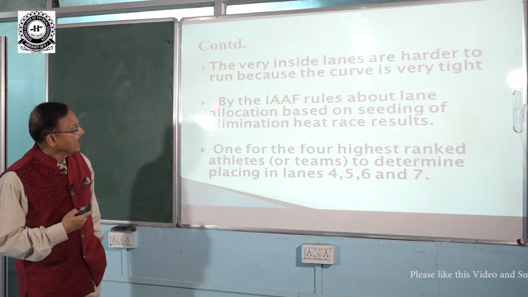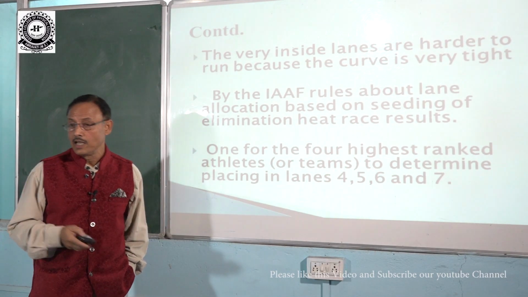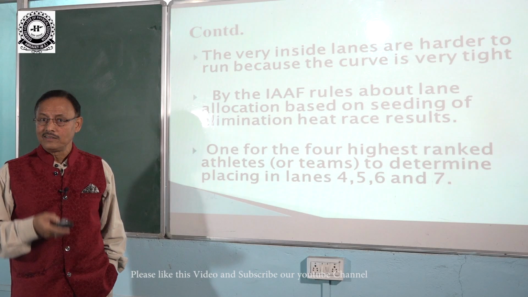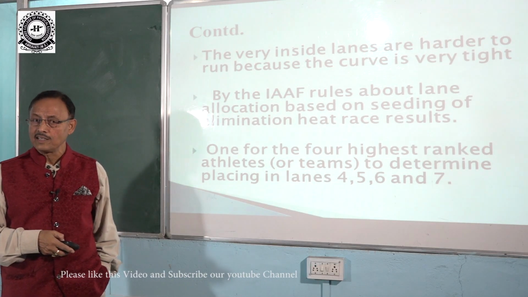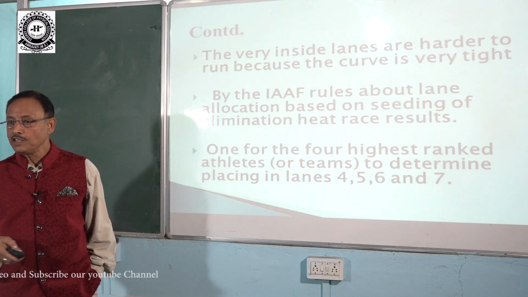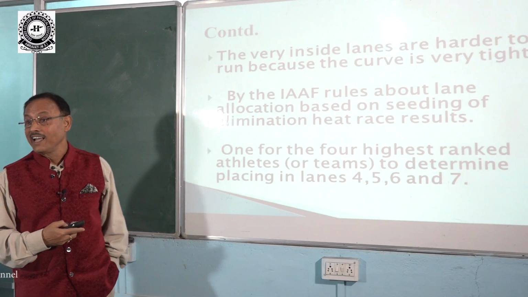Now, here you see this point, allocation, seeding, elimination, heat races. You know, there are many qualifying rounds, and the legend athletes, international athletes, the top athletes, run in the final. On the basis of performance in the qualifying rounds, they are given a choice of taking their own lanes.